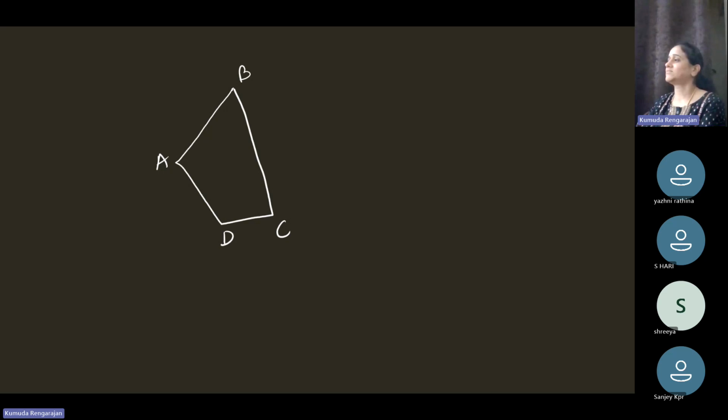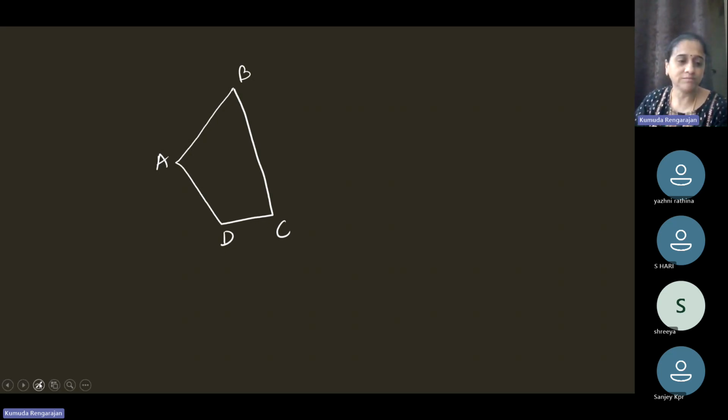That's just a diagram, that's all. There's no special name to that diagram. So if I say ABCD is a cyclic quadrilateral, you should believe that there is a circle, otherwise how can it be a cyclic quadrilateral? That means you can draw a circle passing through A, B, C, and D.